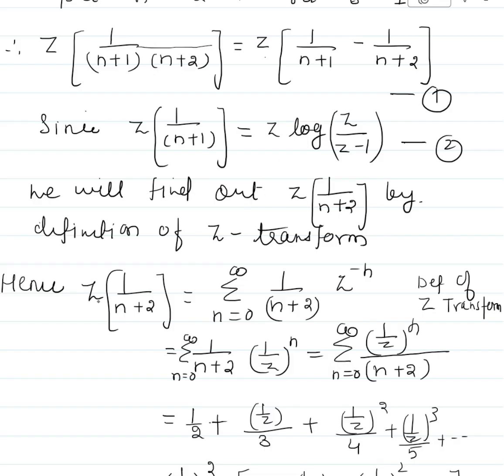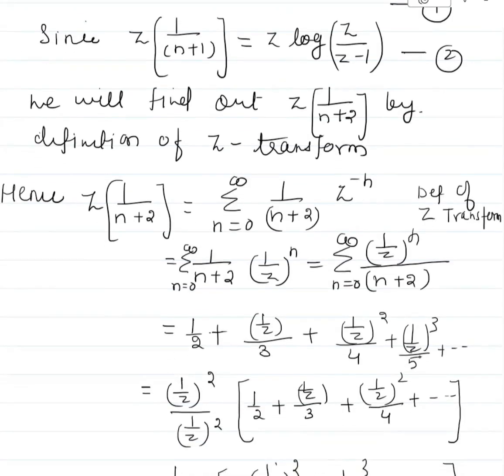I am finding the Z transform of 1 upon n plus 2 using the definition. So the definition is the summation from n equals 0 to infinity of 1 upon n plus 2 times z to the power minus n. We can write this as the summation of 1 upon n plus 2 times 1 upon z to the power n, or the summation of 1 upon z to the power n upon n plus 2.